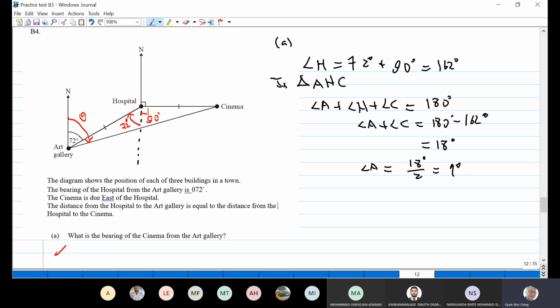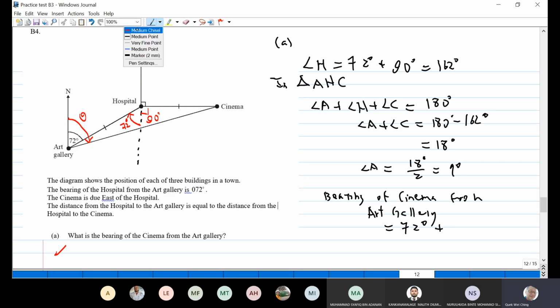Okay, so from there, I can find the bearing now of cinema from art gallery. So the bearing of cinema from art gallery, from the diagram, is actually 72 plus 9 degrees.